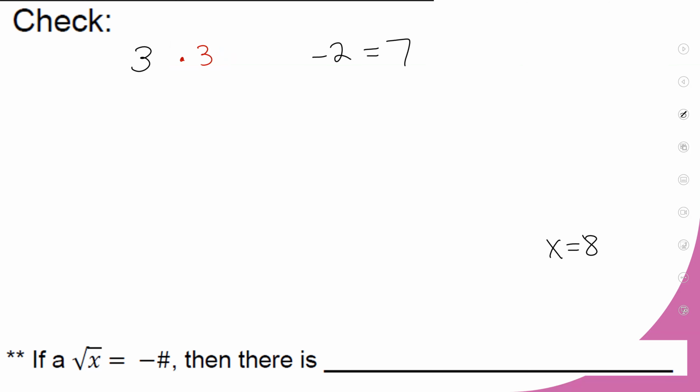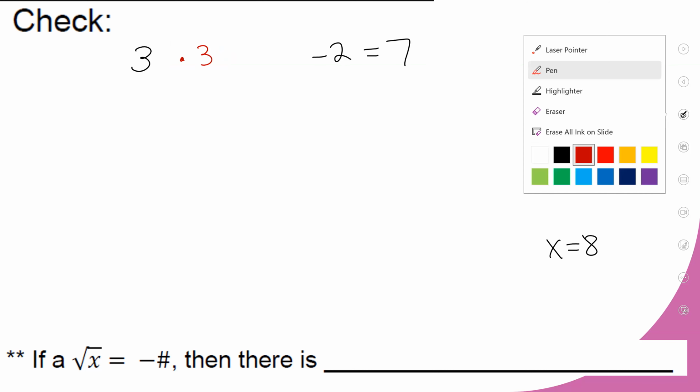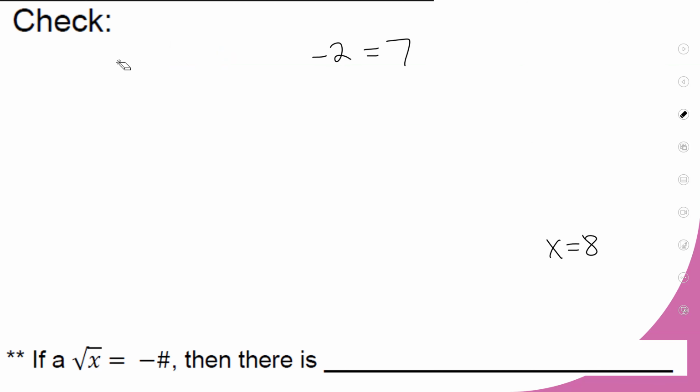And what's 3 times 3? 9. 3 times 3 is 9. And what's 9 minus 2? Oh, that's true, it's 7. So when we plugged in 8, it worked. Okay? So that's how you check your answers. Yep, inside to out. Yep, exactly.